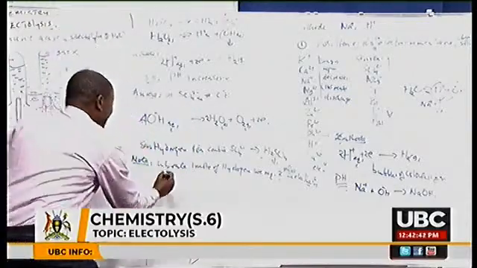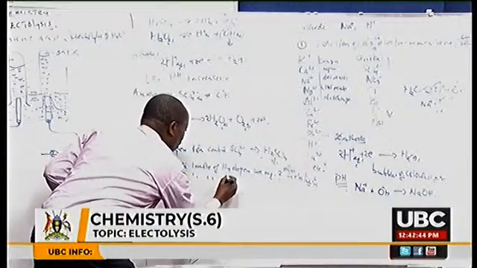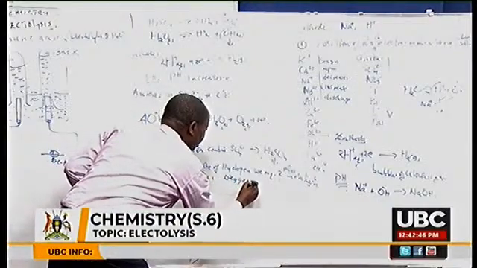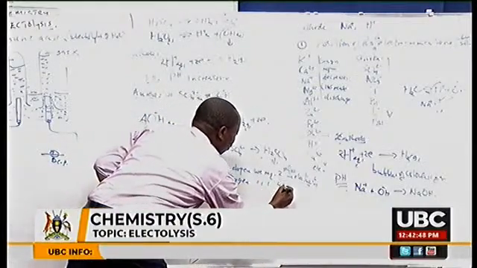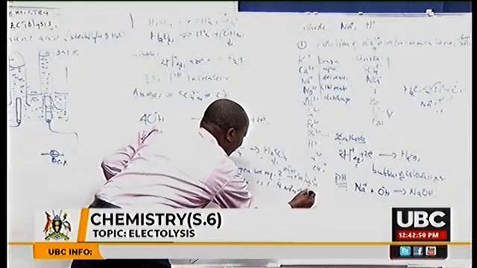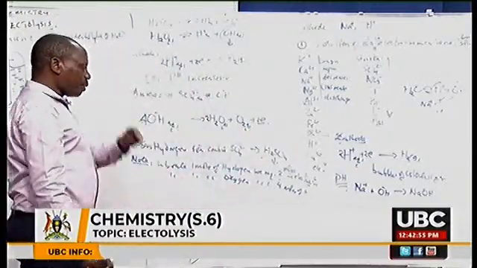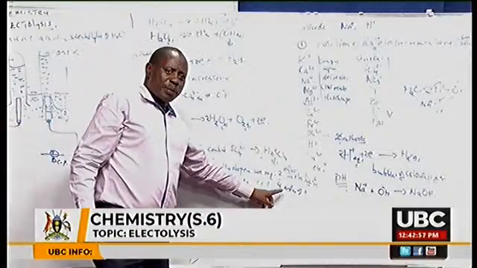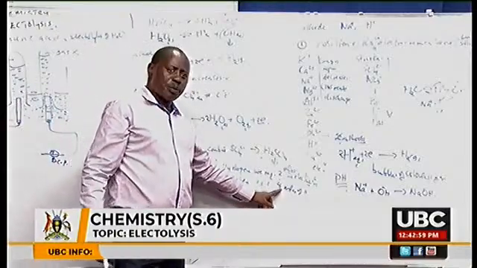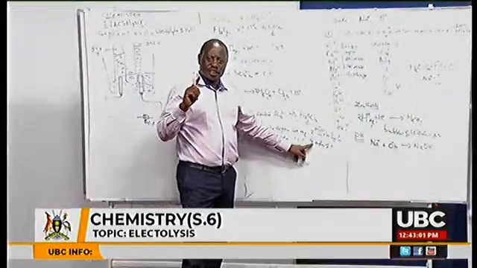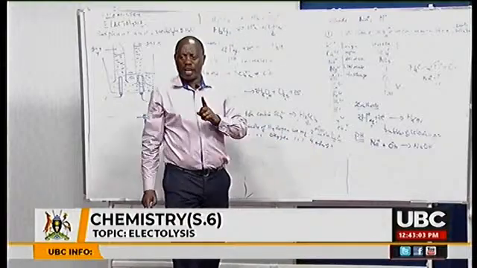Then, to liberate 1 mole of oxygen, we require 4 moles of electricity. 4 moles. Here we require 2 moles. So, which means by the time you liberate 1 mole of oxygen, you would have produced 2 moles of hydrogen.